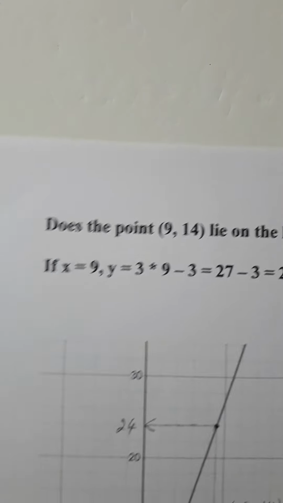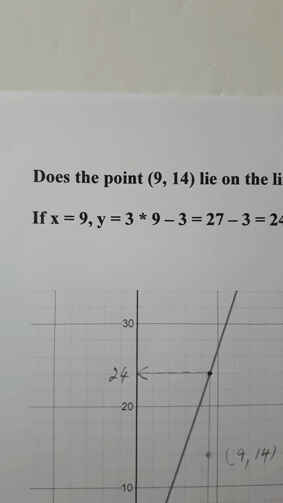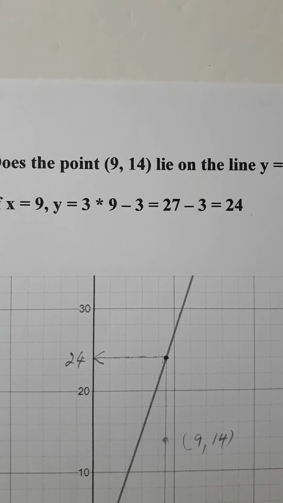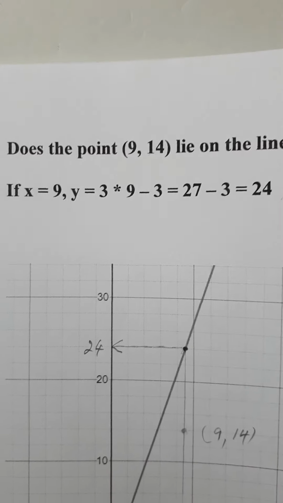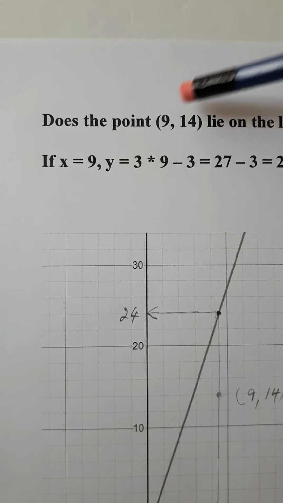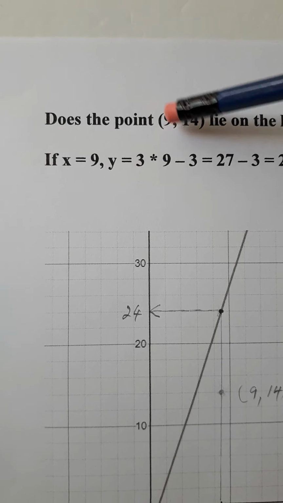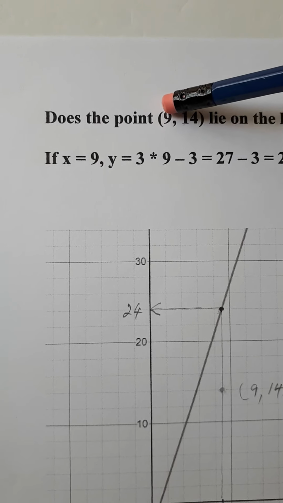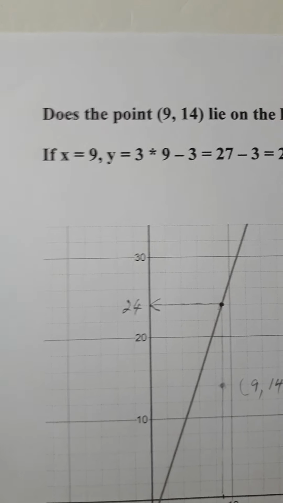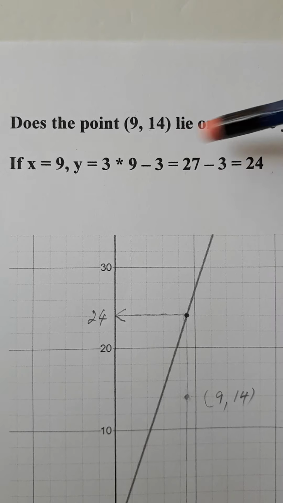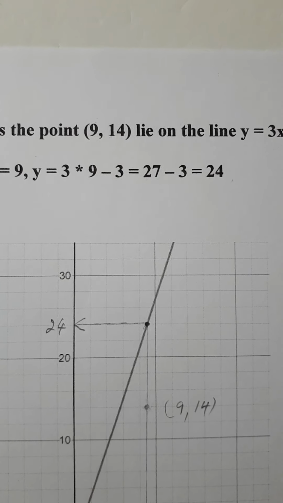Another basic question. Does the point (9, 14) lie on the line y equals 3x minus 3? How do we figure it out? What we do is we calculate our y value on the line for x equals 9 using this formula. So 3 times 9 minus 3, 24.